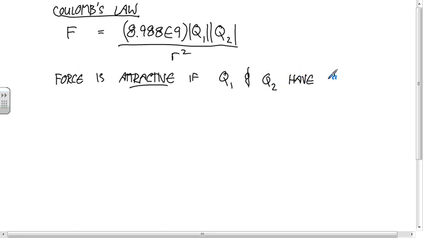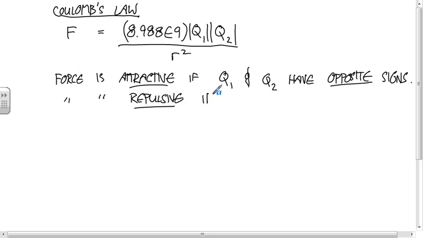No, opposite signs, sorry. And the force is repulsive if Q1 and Q2 have the same sign.